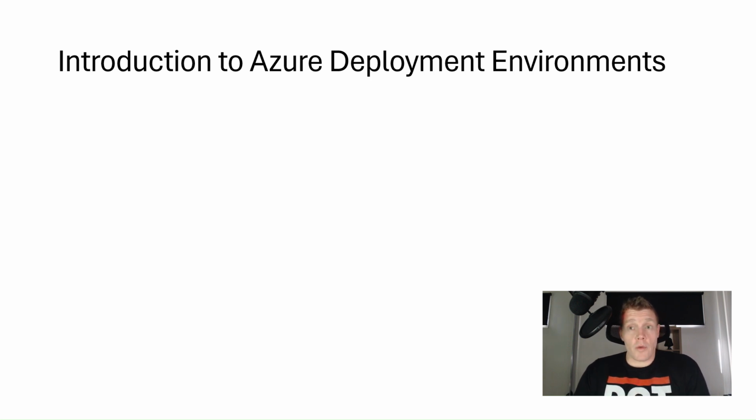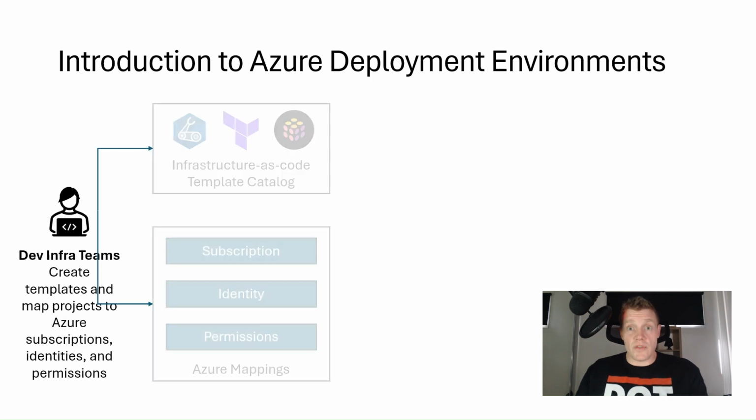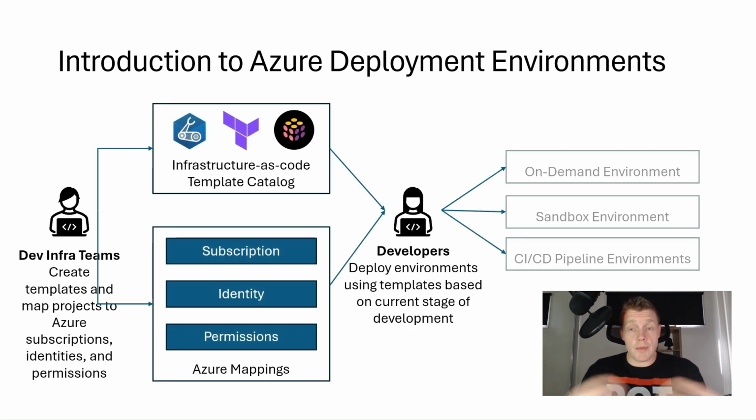And to specify which environment definitions are available to developers, platform engineers can associate environment definitions with projects and then assign permissions to developers who need access to those projects. They can also apply Azure governance based on the type of environment, such as your sandbox environments, your testing environments, or your production environments. So the following diagram essentially shows an overview of Azure Deployment Environments capabilities.